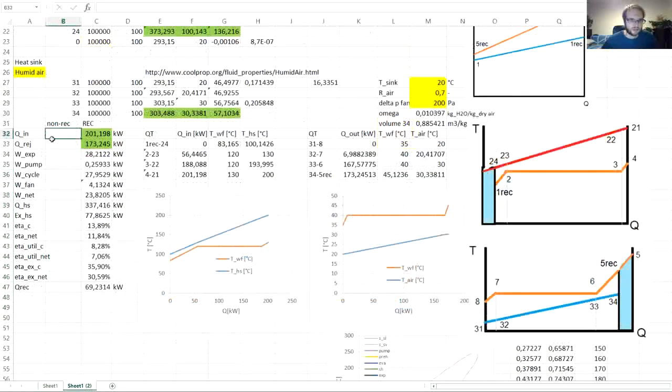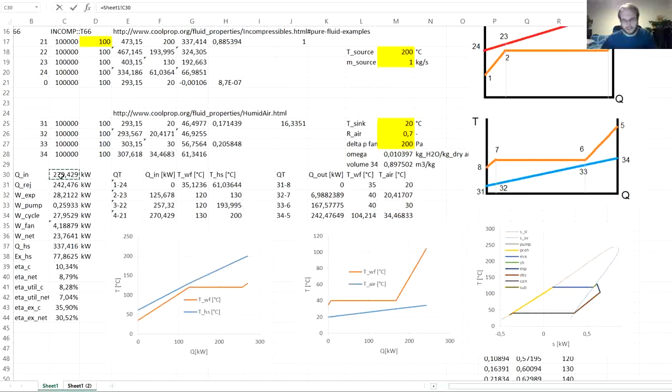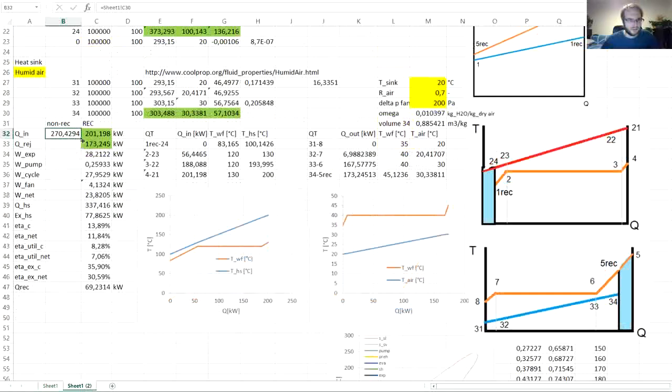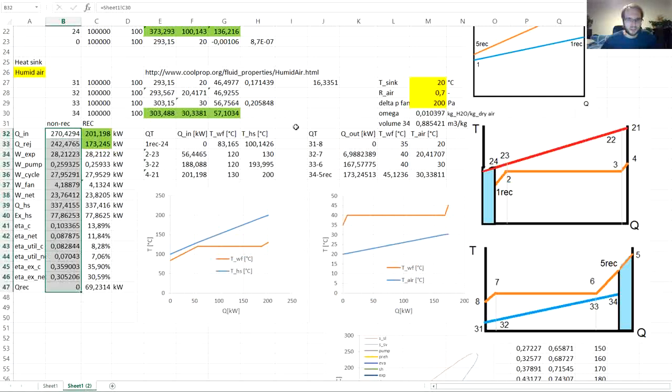Or we actually don't need to copy the values directly, we can just refer to them. Then you could also link together the temperatures and have immediately the comparison of both systems in a single sheet and interactively.